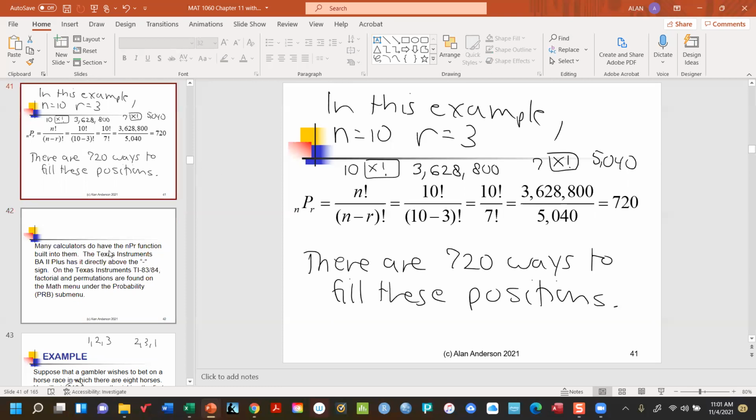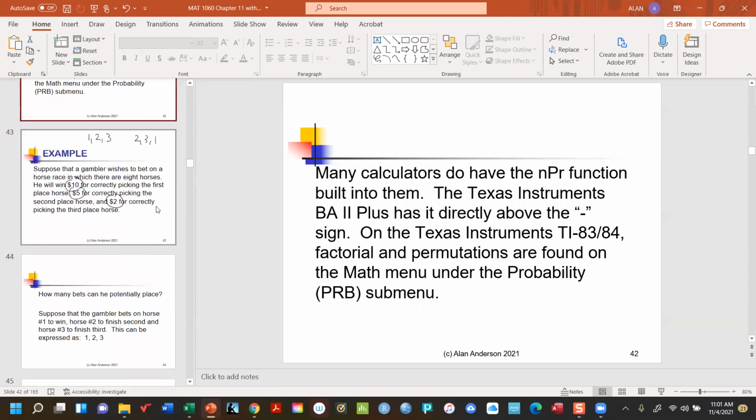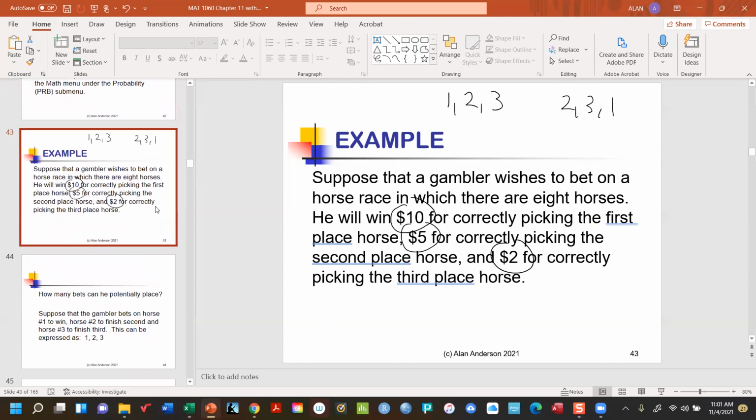All right, now here's another example. Imagine you go to the track to bet on horses. There are horse racing tracks; New York State has quite a few of them, and there's one in Yonkers. Horses run around the track and people bet on which horse will finish first, second, and third.